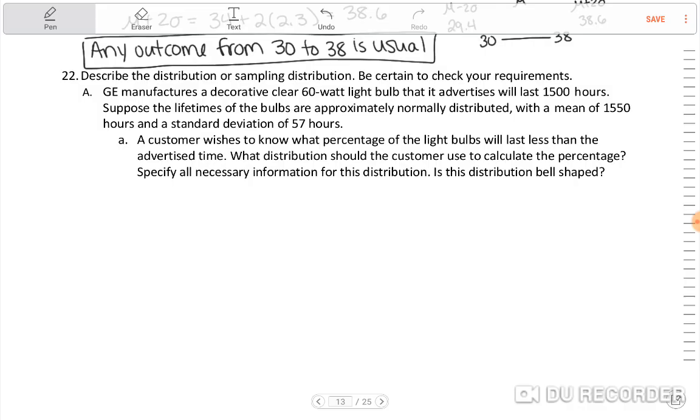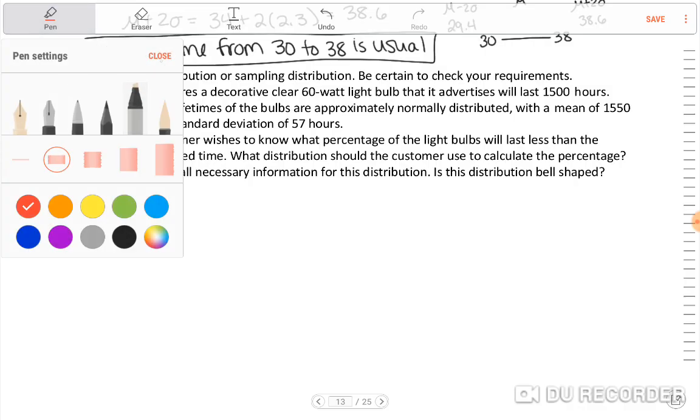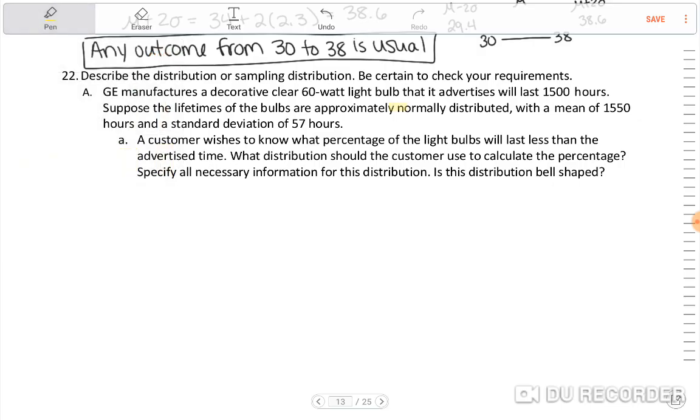Suppose the lifetimes of the bulbs are approximately normally distributed with a mean of 1,550 hours and a standard deviation of 57 hours. A customer wishes to know what percentage of the light bulbs will last less than the advertised time. What distribution should the customer use to calculate the percentage? Specify all necessary information for this distribution.